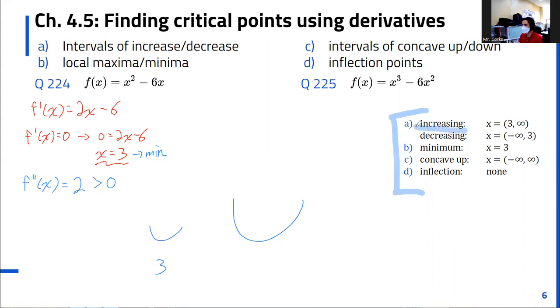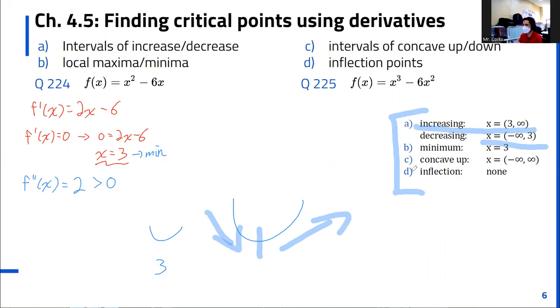So the interval of increase is from x equals 3, this turning point, and beyond to positive infinity. The interval of decrease is everything before that turning point. And we have the minimum when x equals 3. Separately, we can look at our second derivative.